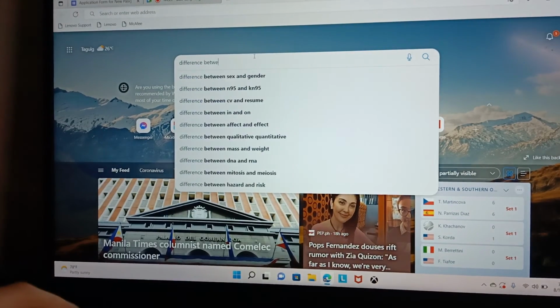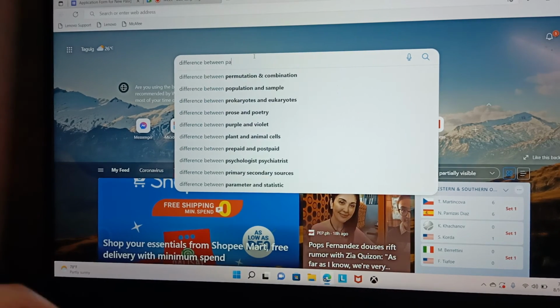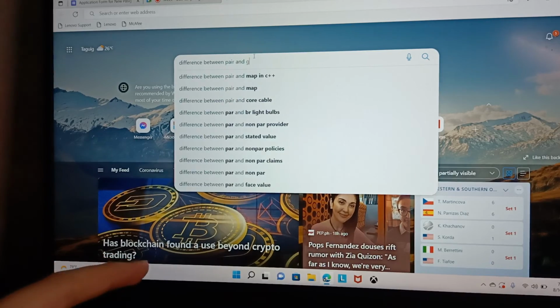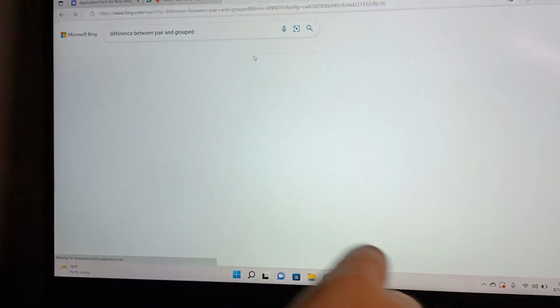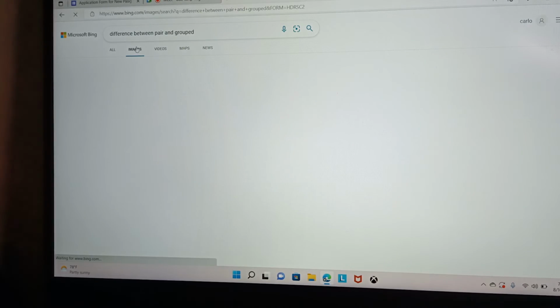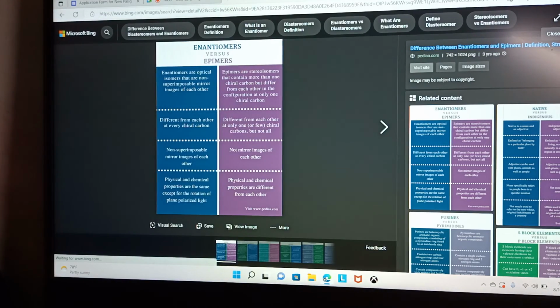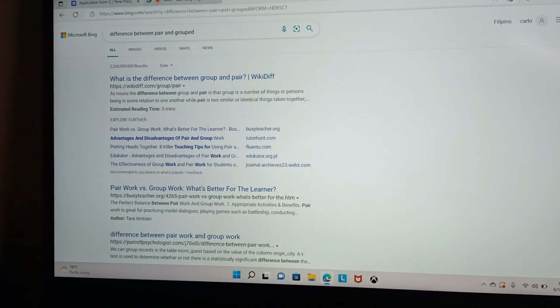Anong napapansin niyo sa ating ordered pair and sa given set? Permission to speak po. Okay, go ahead, Dustin. May nauulit po dun sa set.